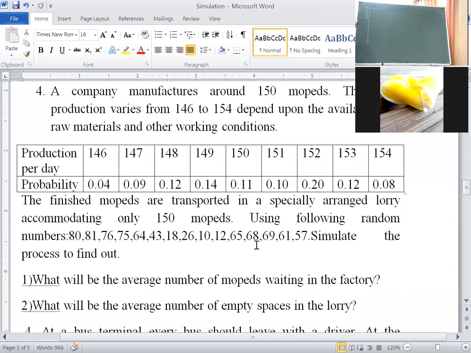Simultaneously, who has completed reading the problem, start the problem. Try to solve the problem.